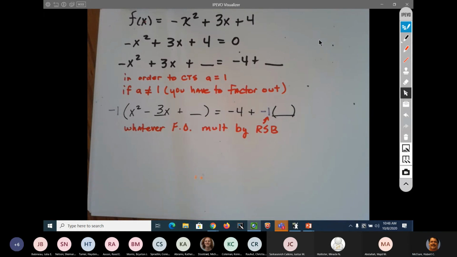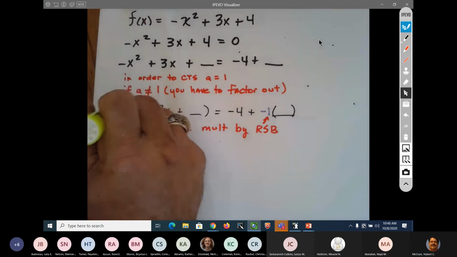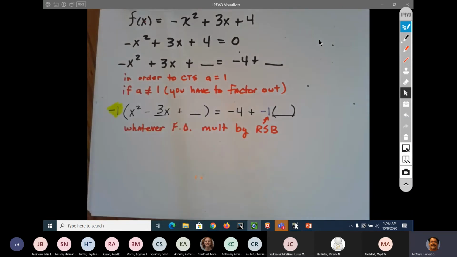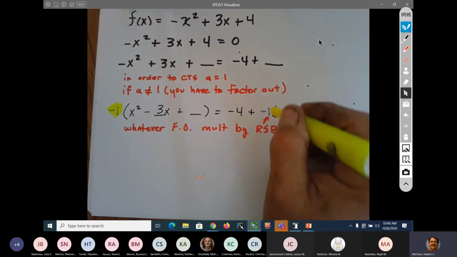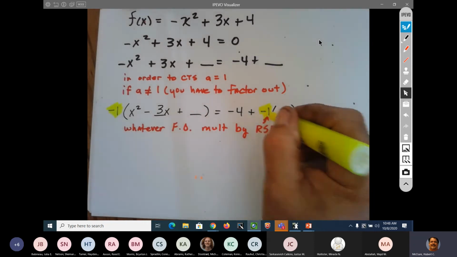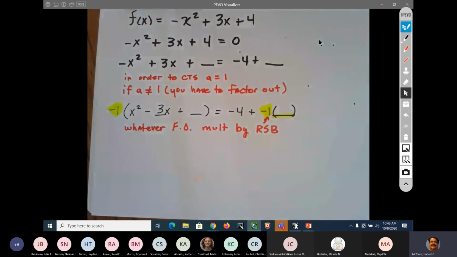Okay? So I'm going to take the highlighter and highlight that in yellow. Since I factored out a negative 1 here, I've got to multiply it by this right side blank right there. And you will do that 100% of the time when you factor out something.